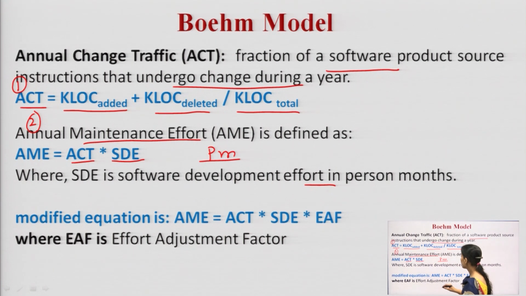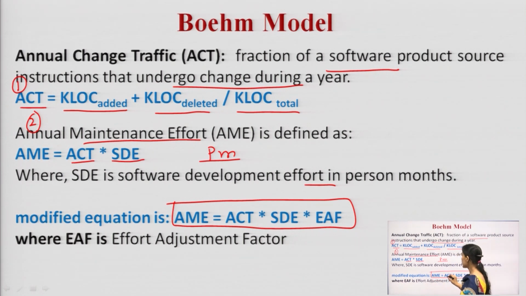So, the modified equation for calculating AME becomes ACT cross SDE cross EAF, where EAF is my effort adjustment factor.